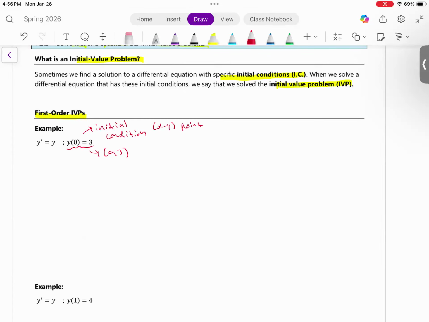This y prime equals y is a bit familiar to what we were just working on in the previous section.